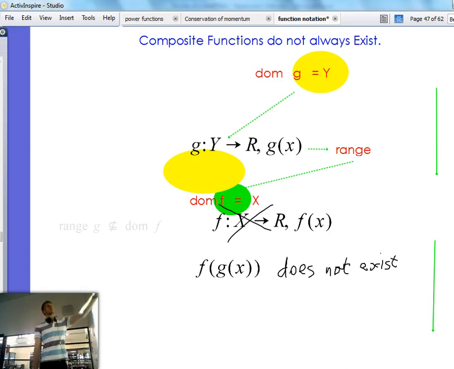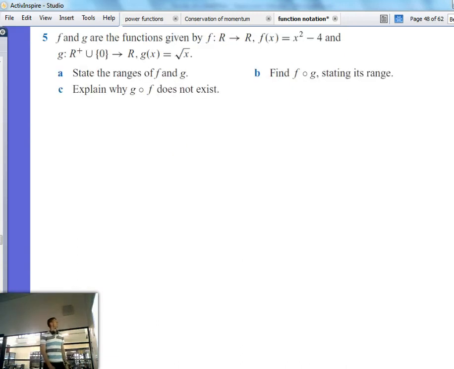Okay, so let's look at that as an example. f and g are functions given by these two rules. We've got a parabola here, and we've got a square root function. So state the ranges of f and g. Let's have a look. The range of f of x is the set of allowed y values.